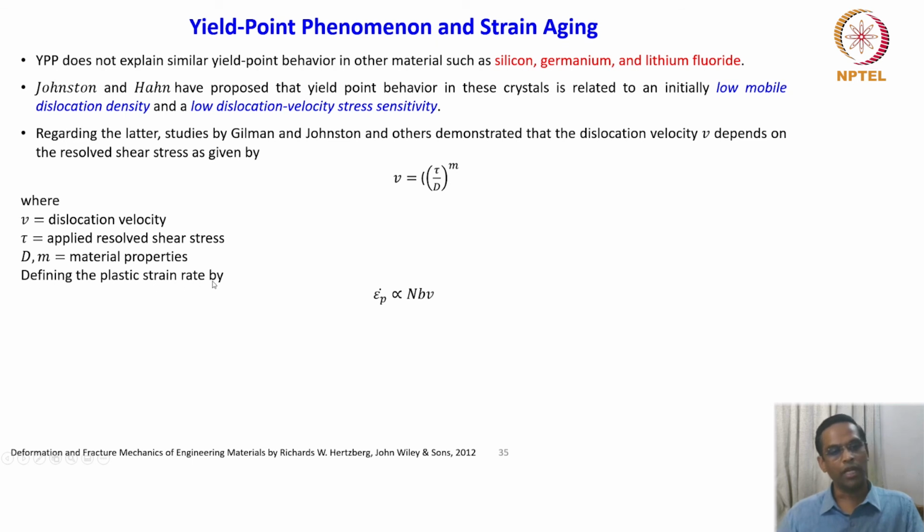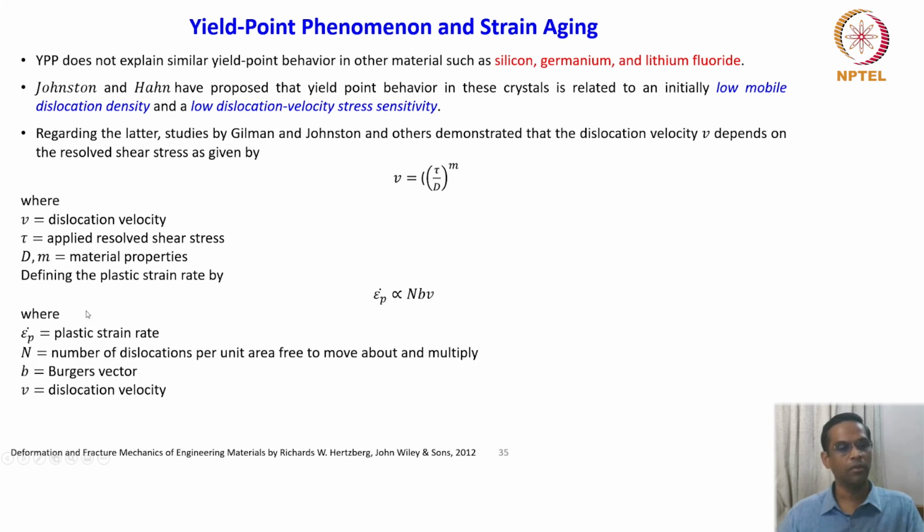Defining the plastic strain rate, ε̇p is proportional to N b v, where ε̇p is the plastic strain rate, N is the number of dislocations per unit area free to move about and multiply, b is the Burgers vector, and v is the dislocation velocity.